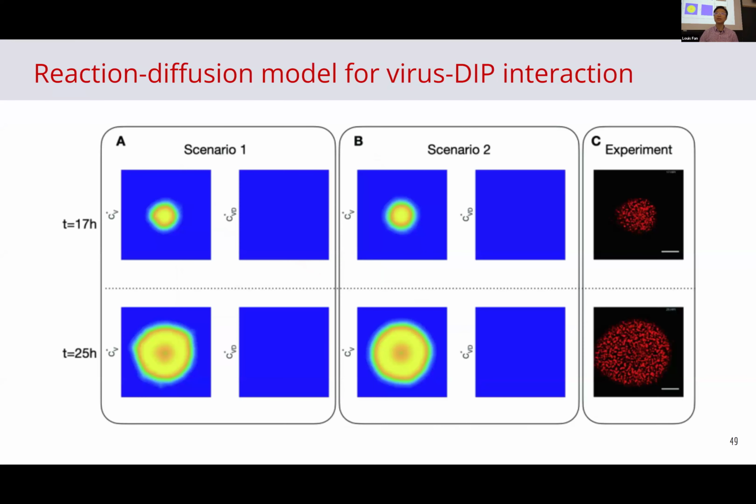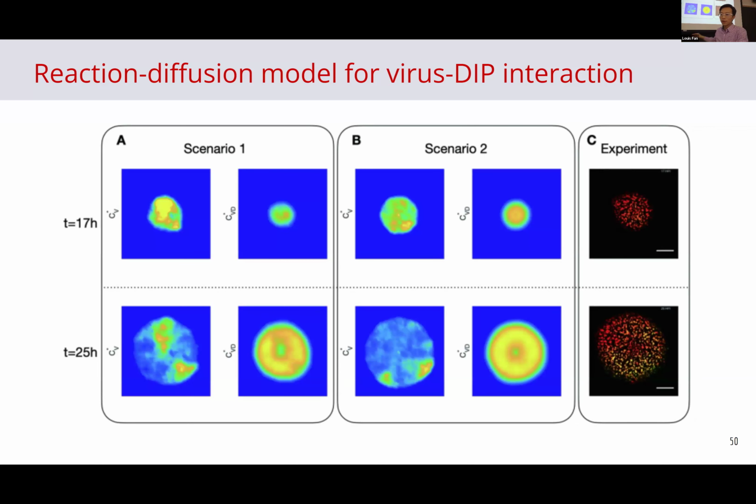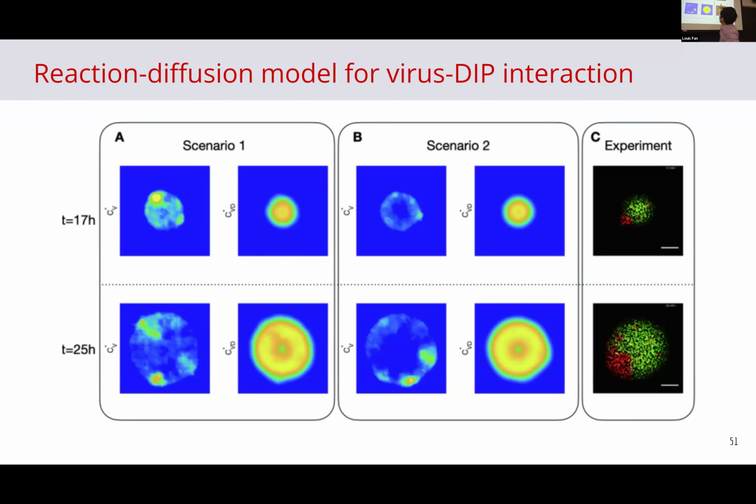With that simulation scheme, we can efficiently simulate the spatial stochastic model. And this is still the experiment we saw, the first row. Scenario one, the cell bursting. Scenario two, continuous production. And then when we increase the number of DIPs, defective interfering particles, we see a more patchy pattern.